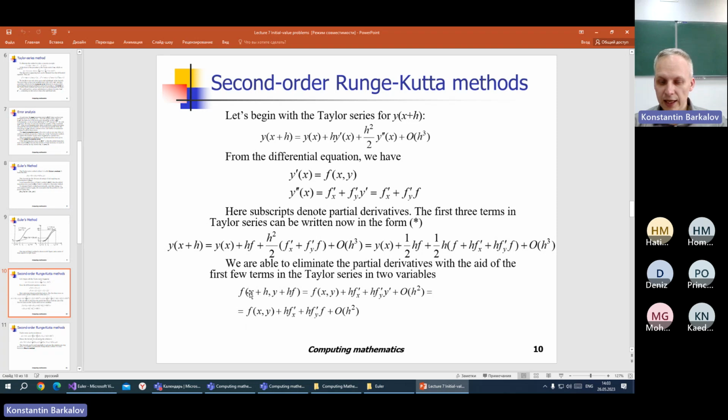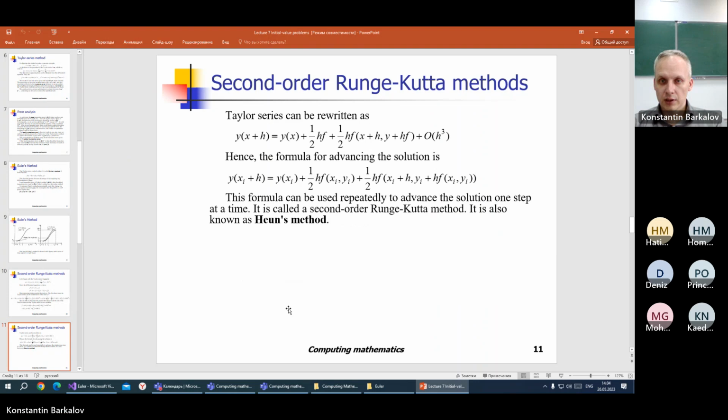We can consider f of x plus h, the first argument, y plus h f as f of x y plus h f prime x plus h f prime y times y prime x. And if we apply it, the Taylor series can be rewritten in this form.